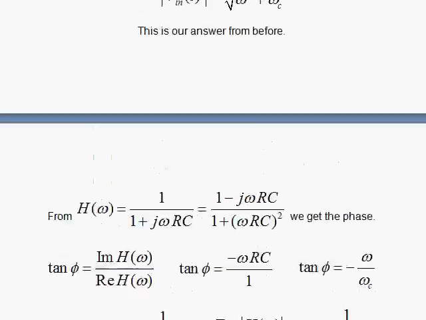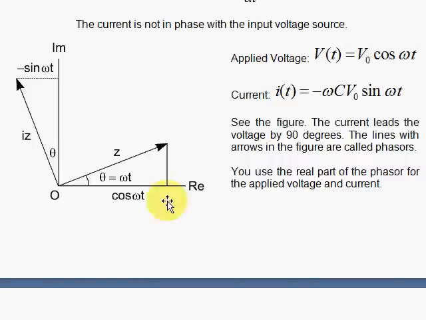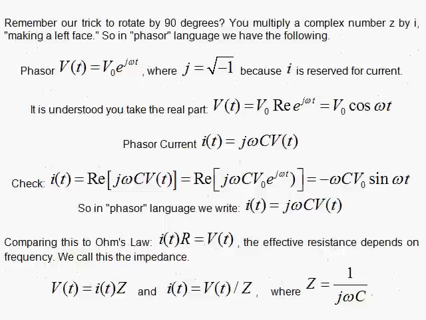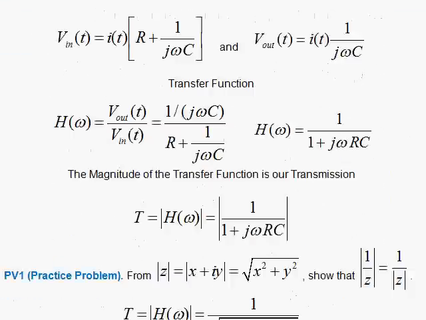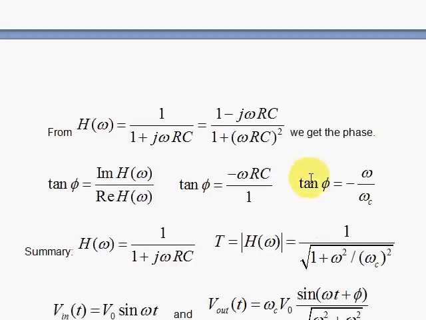This is nothing more than doing one of these things here. The tangent of this angle is the imaginary part divided by the real part. So when we do that, we have our phase, which is, guess what, what we had before.